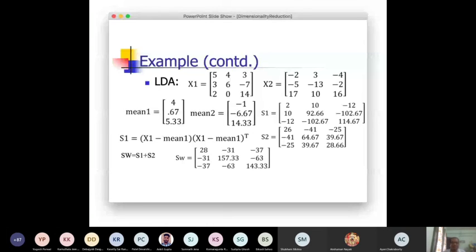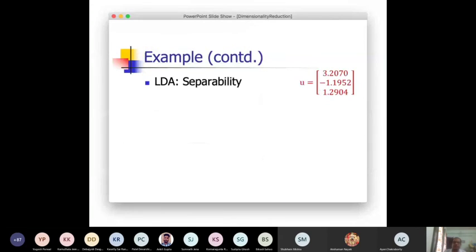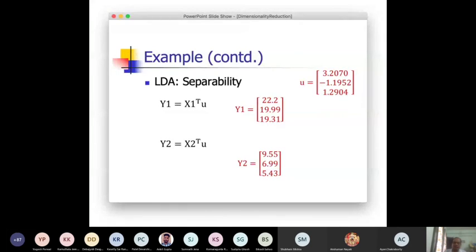It is SW inverse times M1 minus M2. This is the solution, and you will get a vector like this. Now you have to normalize it to make a unit direction. I have not normalized it here. Actually, these will all be scaled, so it doesn't matter.